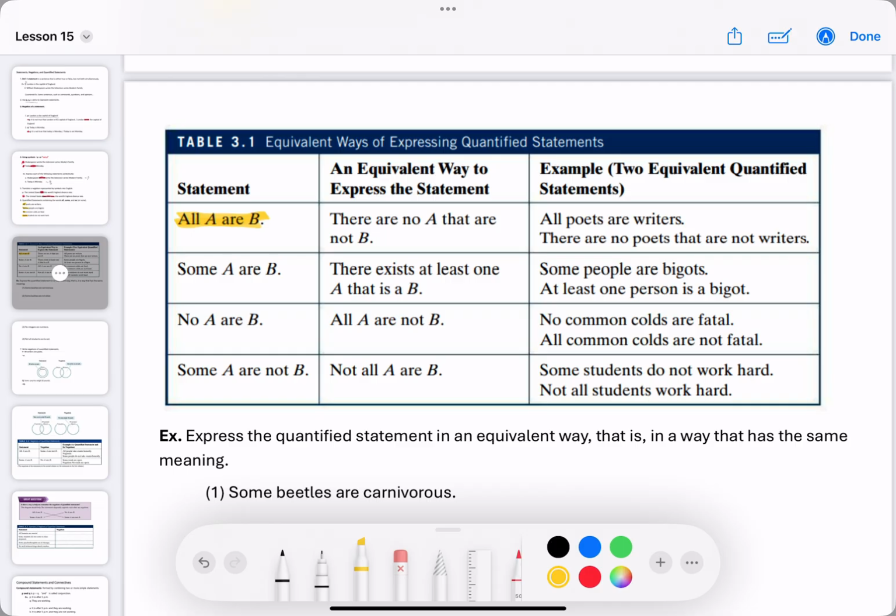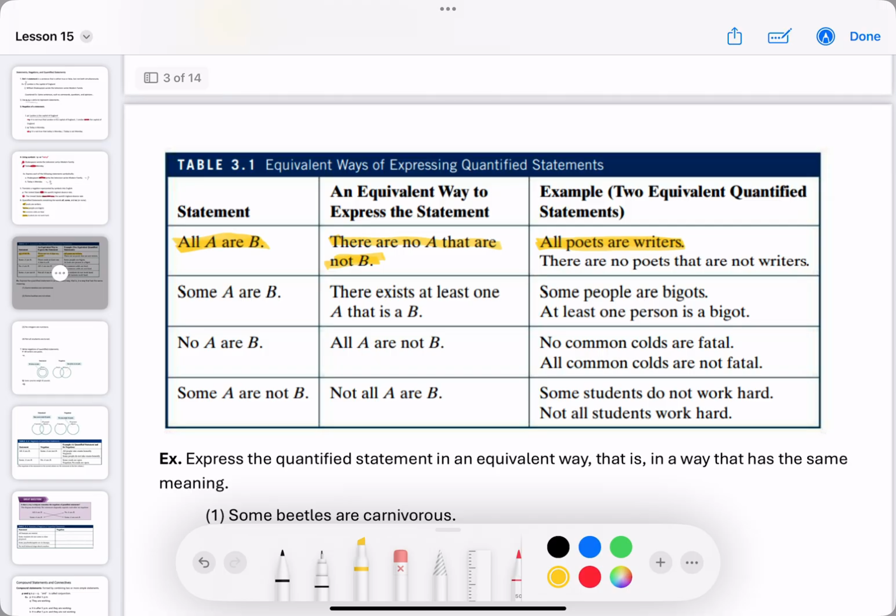It is there are no A that are not B. You negate the A, then you negate the B. Let's see one example. All poets are writers, that is, all A are B. We say there are no poets that are not writers.